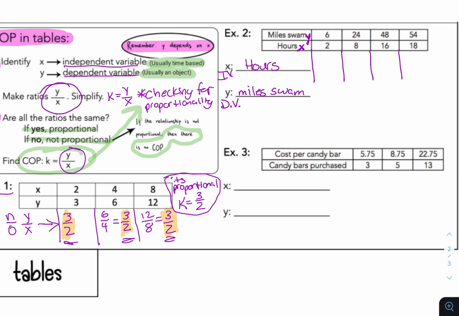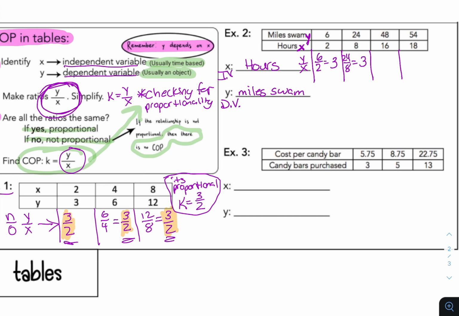So now let's check for proportionality, or check that ratio of new over old, or y over x. We get 6 over 2, which simplifies to 3. Next one, we get 24 over 8, which simplifies to 3.